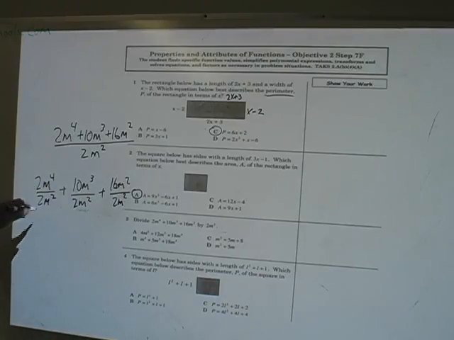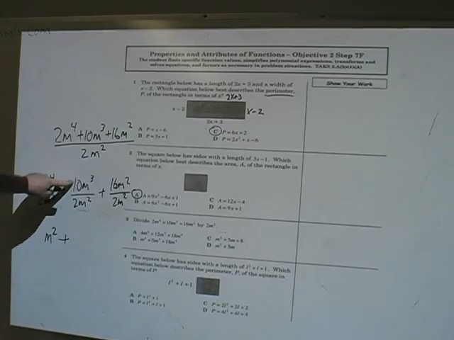2m to the fourth over 2m squared. 2 divided by 2 is just 1. M to the fourth divided by m squared is m, and we subtract the exponents. So m to the second, or m squared. Okay? 1m squared is the same thing as just m squared.